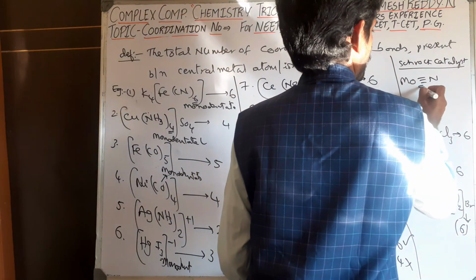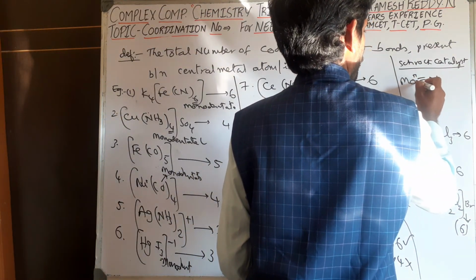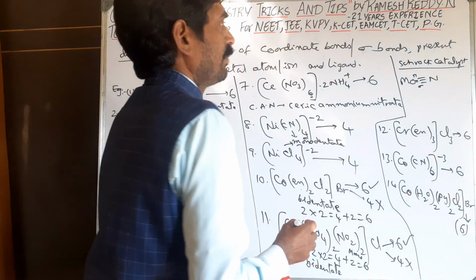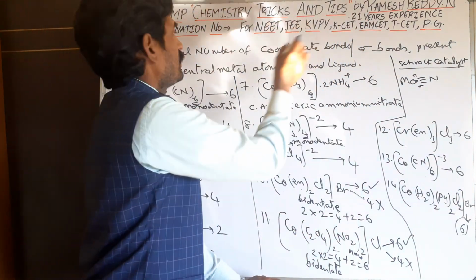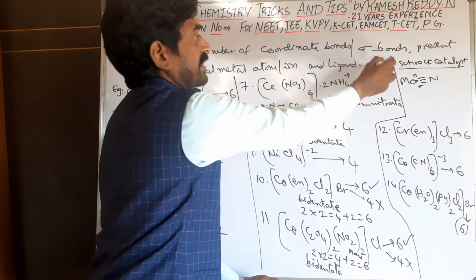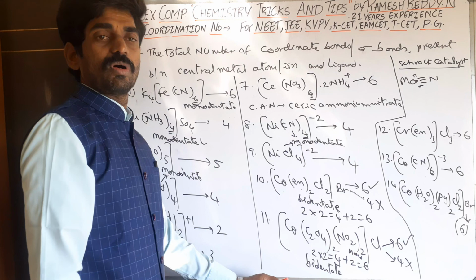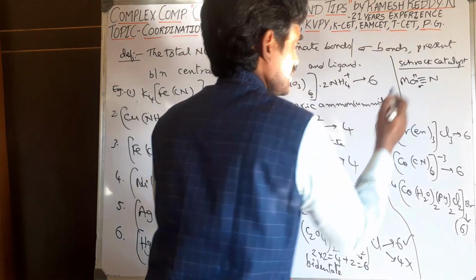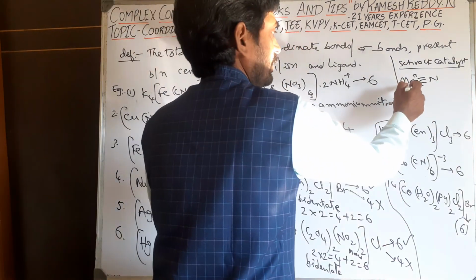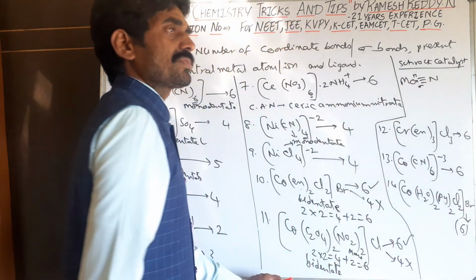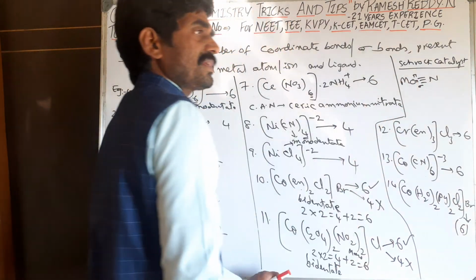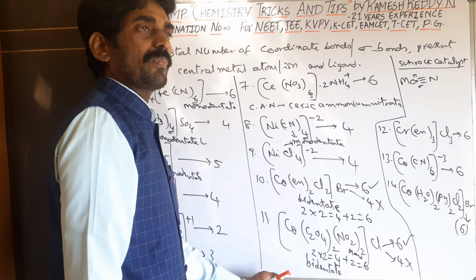One is a sigma bond and the remaining 2 are pi bonds. By the definition I gave, the number of coordinate bonds or sigma bonds present between the central metal atom and ligand is the coordination number. Here nitrogen is a ligand. So between the molybdenum and nitrogen, 3 bonds. Among that, one is a sigma bond, the remaining 2 are pi bonds.